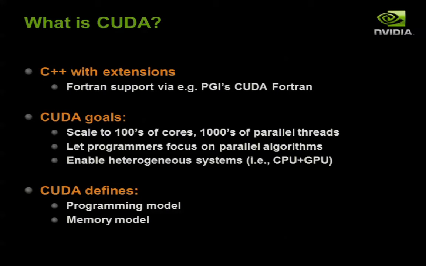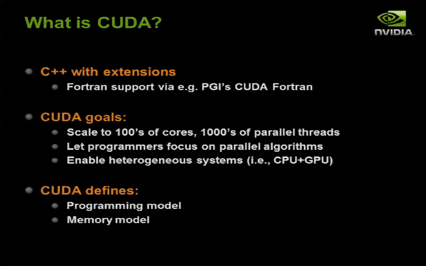I know that about 50% of the people here are native Fortran speakers. Fortran support at the moment is only via a mixed language approach, or alternatively with the PGI compiler, which has its own CUDA Fortran standard.